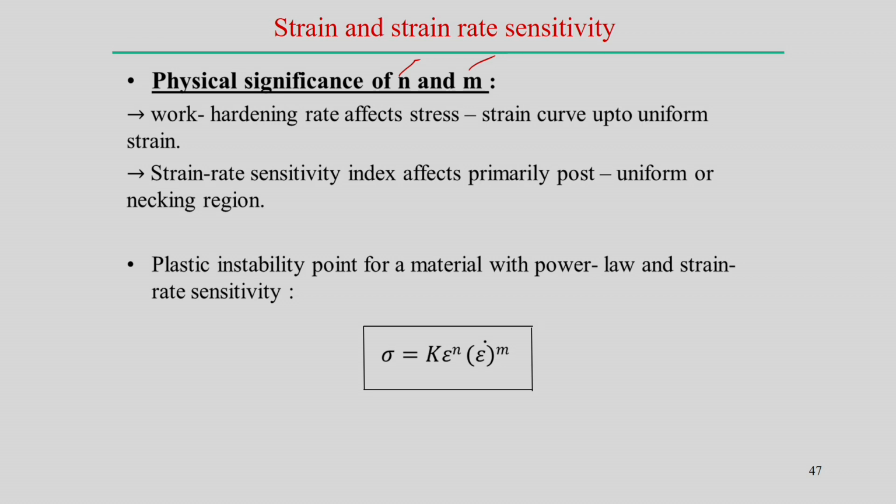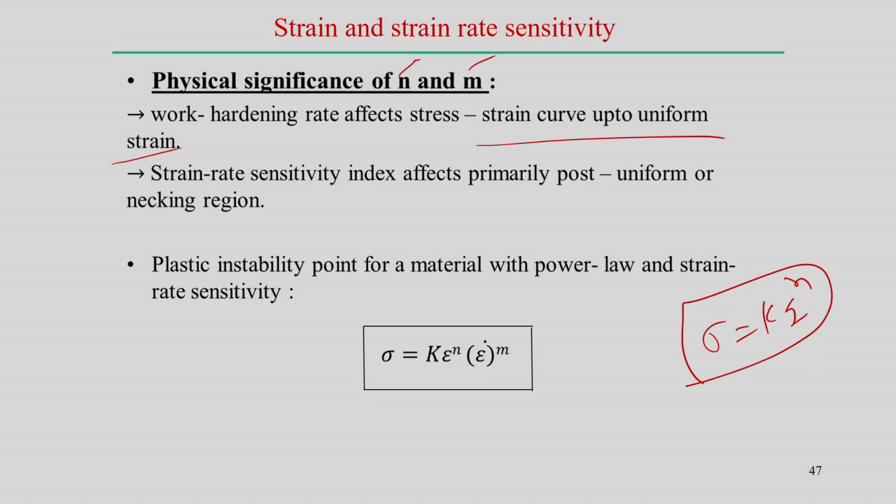The work hardening effect is only the n strain up to uniform strain. So basically up to the uniform strain before necking, the value of n is more important. Therefore in that case, stress equal to k epsilon to the power n is the most suitable equation, such that there is the effect of only strain hardening.